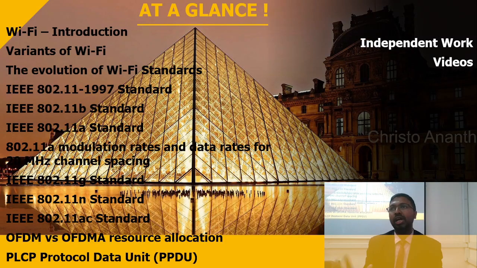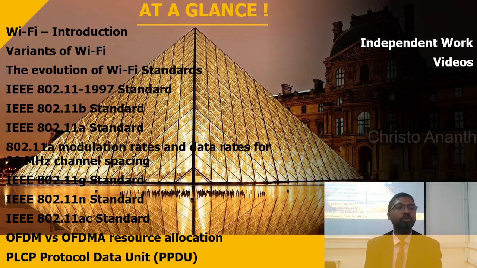In this class, we'll have a short introduction to Wi-Fi, the variants of Wi-Fi, and how Wi-Fi standards have evolved: the IEEE 802.11 1997 standard, the 802.11b standard, and the 11a standard. Then we'll understand 802.11a modulation rates and the data rates for the 20 megahertz channel spacing.